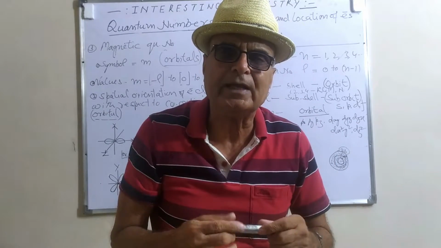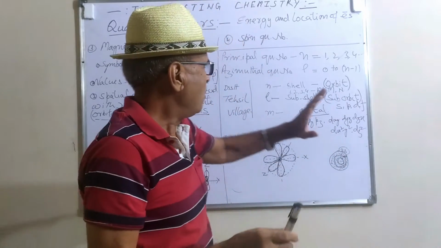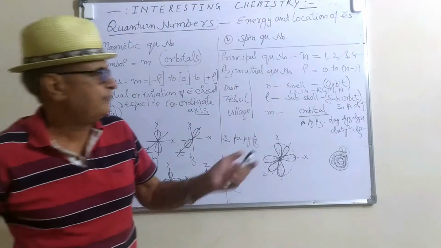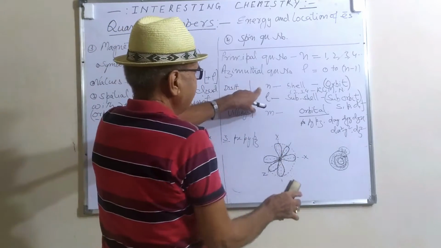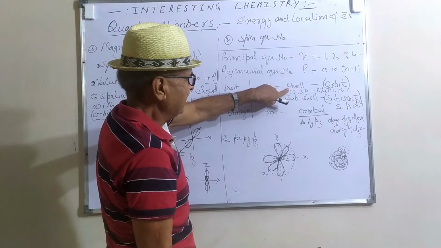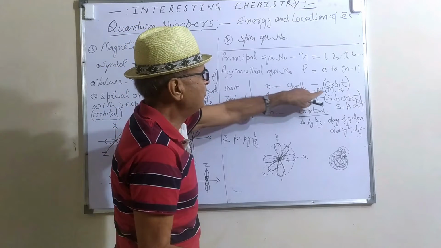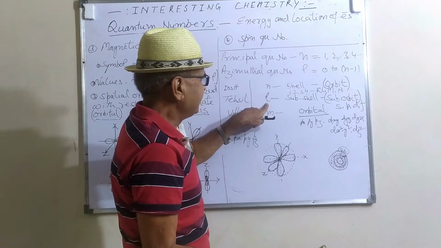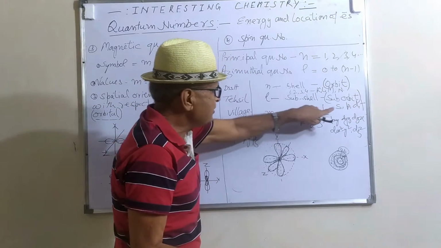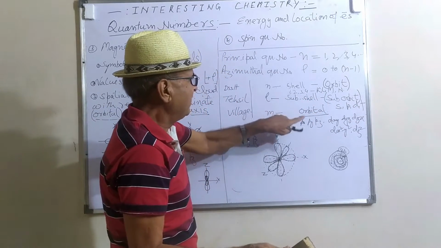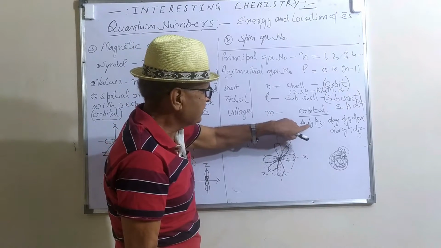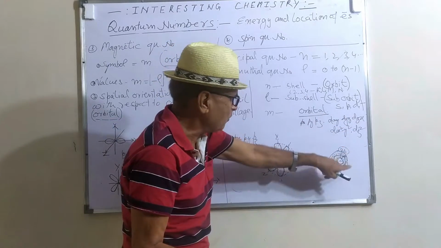Now I am going to tell you how you will calculate the values of these. Please recall that N tells us the shell, that is 1, 2, 3, 4, or K, L, M, N, and L tells us the subshells, SPDF, and these SPDF have orbitals defined by Px, Py, Pz, Dxy, and so on.